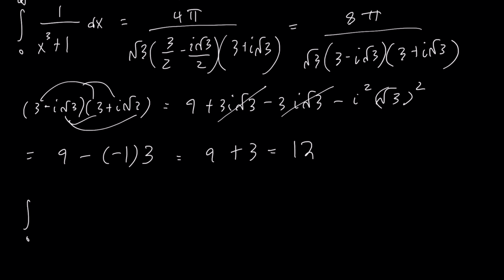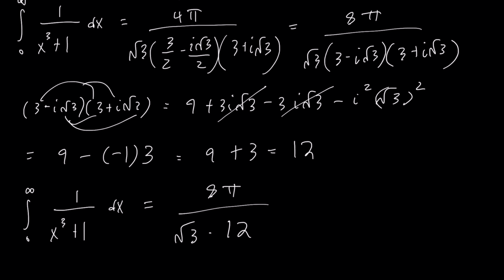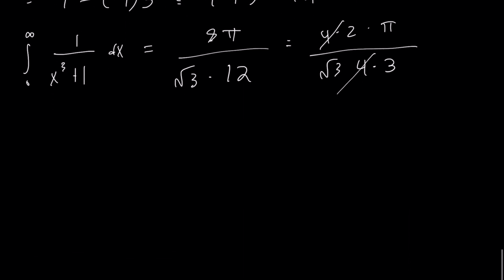So we have the integral from 0 to infinity of 1 over x cubed plus 1 dx equals 8 pi over the square root of 3 times 12. But we could simplify this: 8 is 4 times 2, and 12 is 4 times 3, and the 4's cancel.